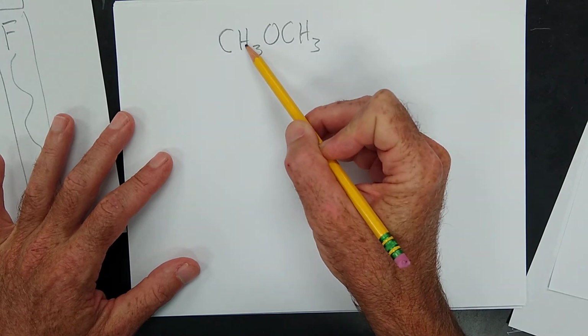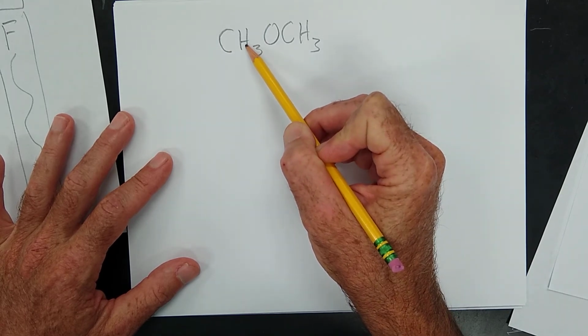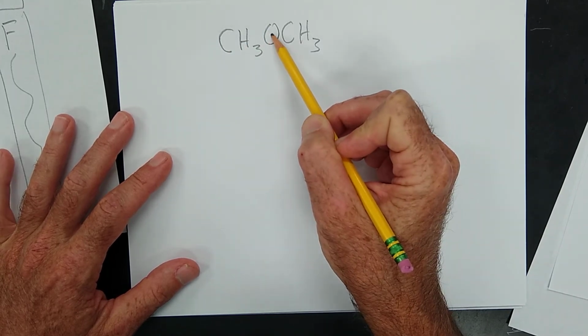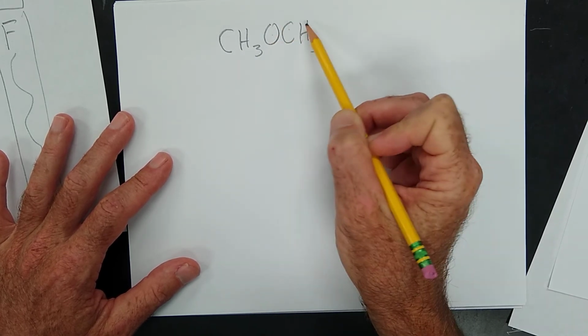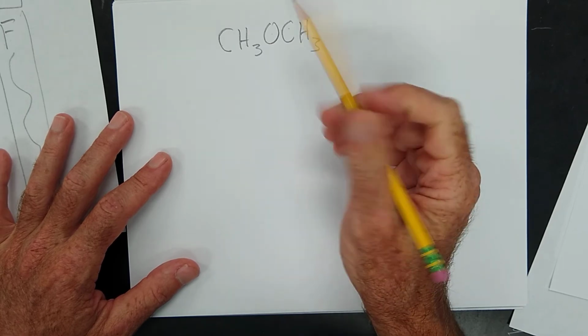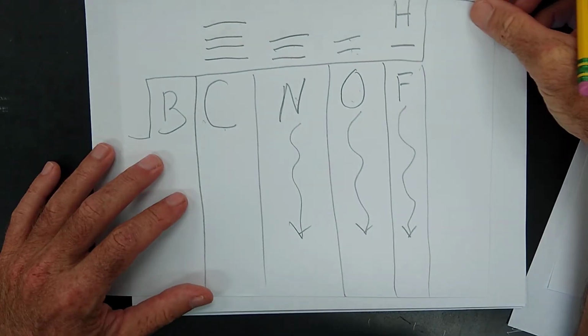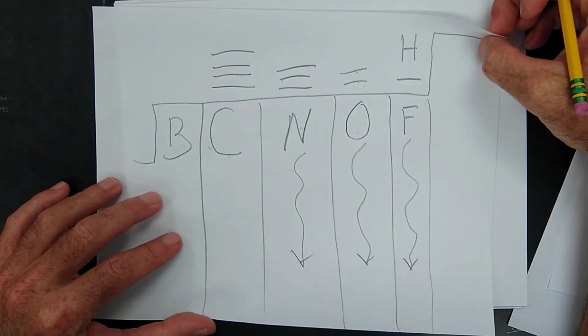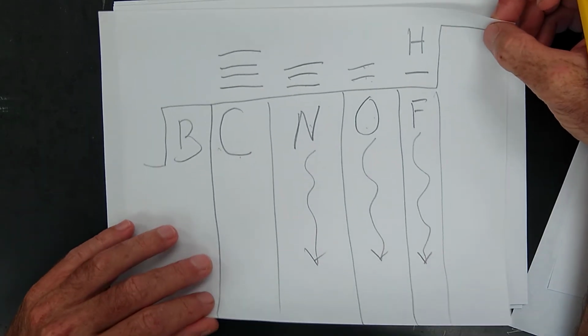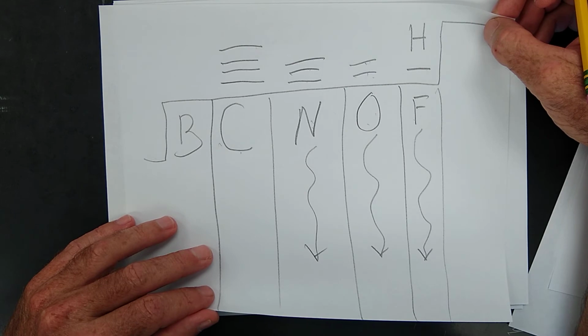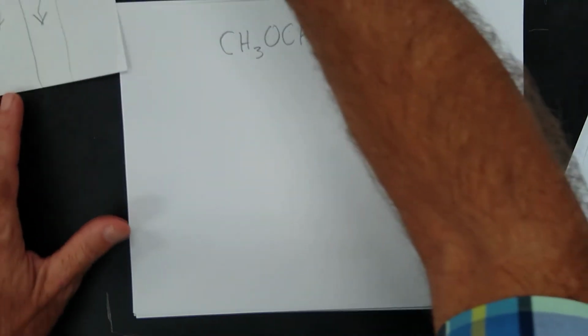Every hydrogen is going to need to have 1 line. Every oxygen is going to need to have 2 lines attached to it. Remember, we get the number of lines from this little chart. If you need to copy this little chart down real quick to help you with the homework, that would not be a bad idea, or just make a screenshot of this you can go back to.